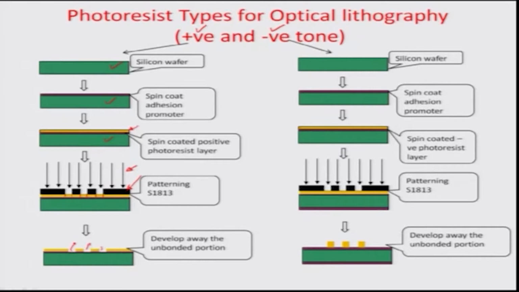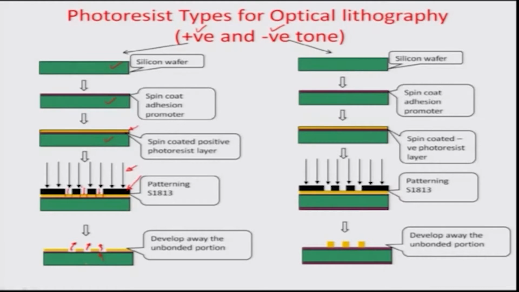And because of that, after the dissolution process, the developing process, the unbonded resist, which happens because of the exposure of the light to these open regions, goes away. Okay, so the resist goes away here, and that gives you a sort of sacrificial layer which can be further worked upon for etching, etc., through the small windows that have been developed in the resist.